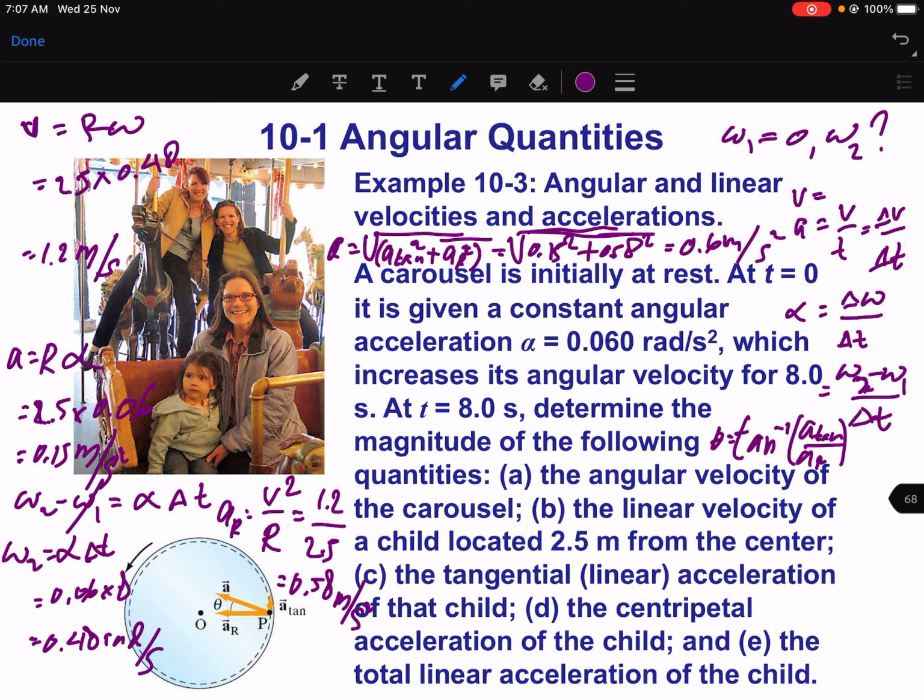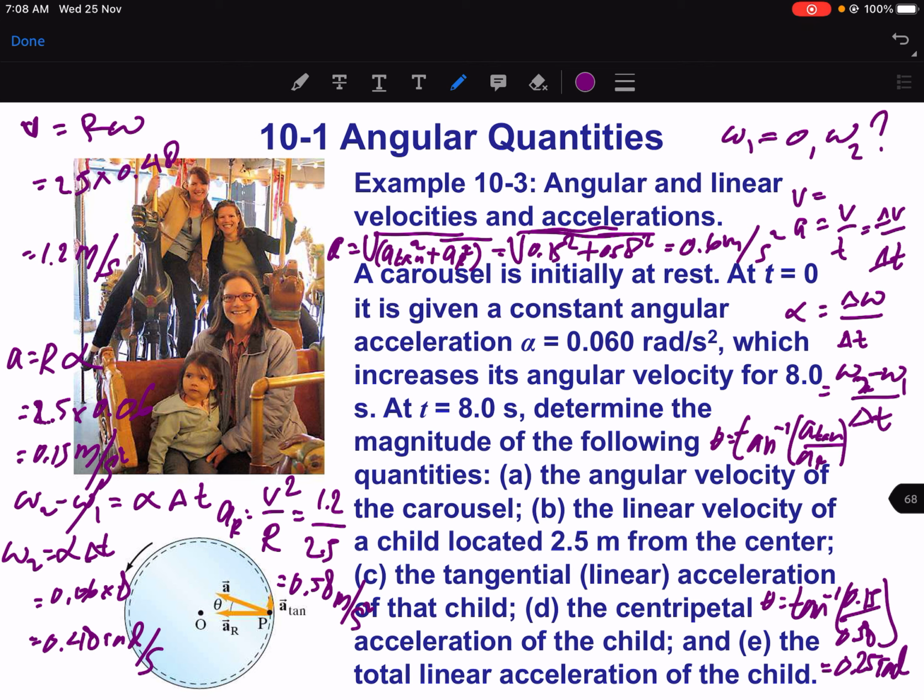Okay, so inverse tangent of acceleration of tangential 0.15 over acceleration of centripetal 0.58. So you will get around 0.2525 radian, in radian.